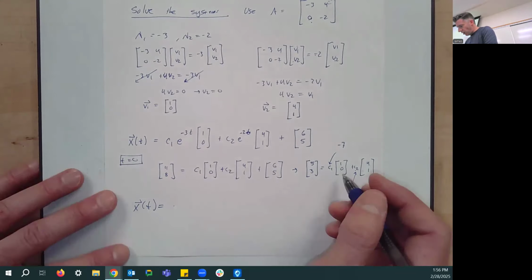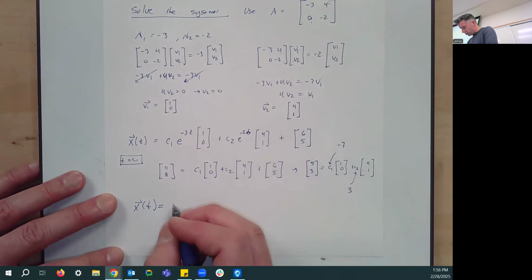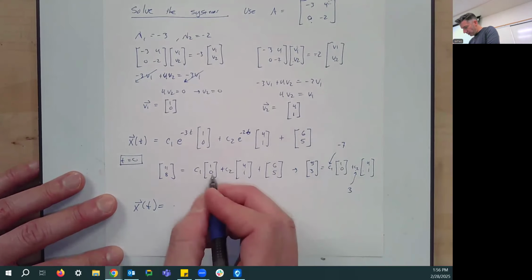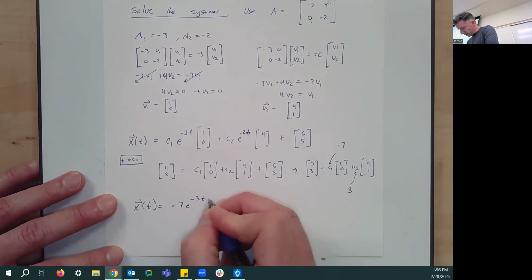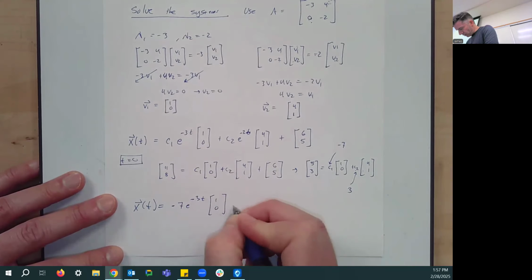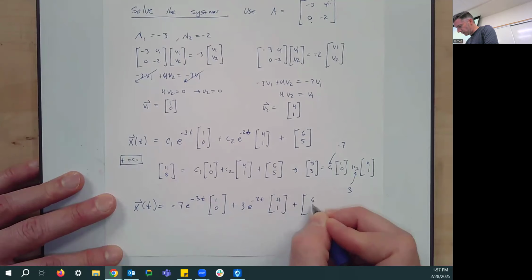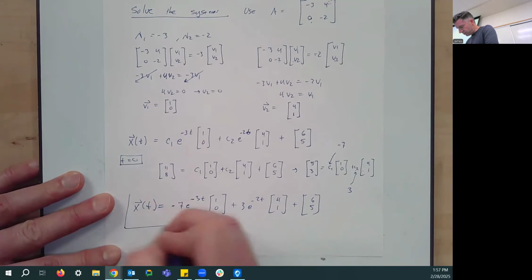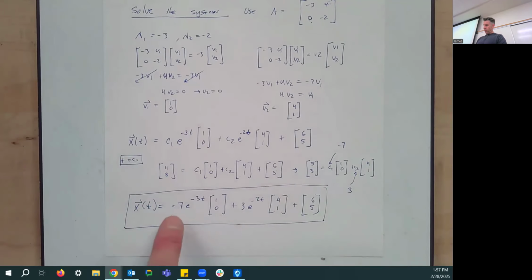Totally fine. So here we're going to get C1, which is -7 e to the -3t times 1, 0, plus C2, which is 3 e to the -2t times 4, 1, plus our equilibrium 6, 5. Somehow in my solutions, at the very end, I accidentally interchanged where C1 and C2 were, but I'll fix that.